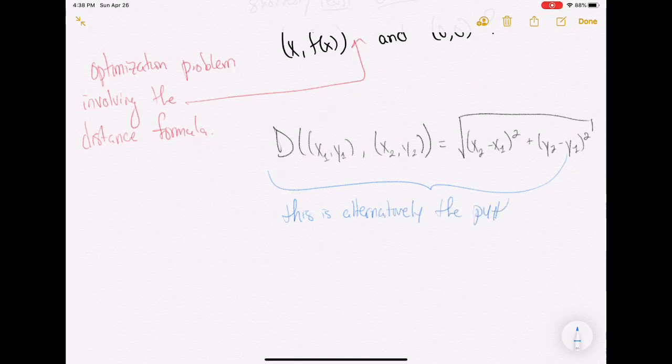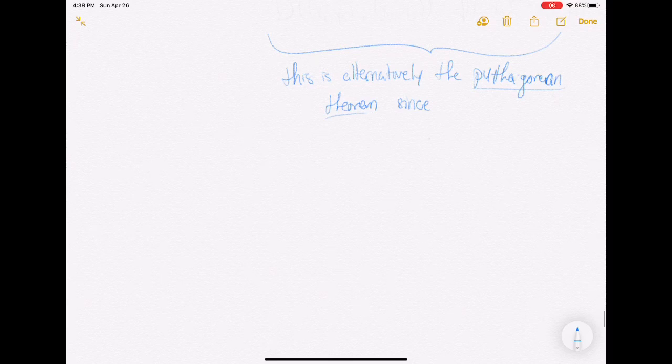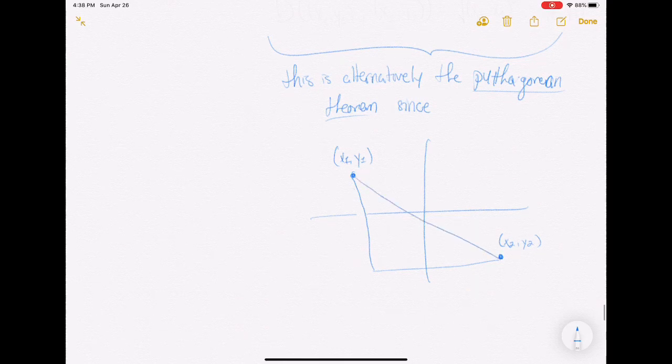This is alternatively the Pythagorean theorem. If I have 2 points, x1, y1, and another point, x2, y2, then what can I do? I can draw a triangle that looks like this. It's a right triangle. It has side lengths x2 minus x1, side length y2 minus y1, and d up here.